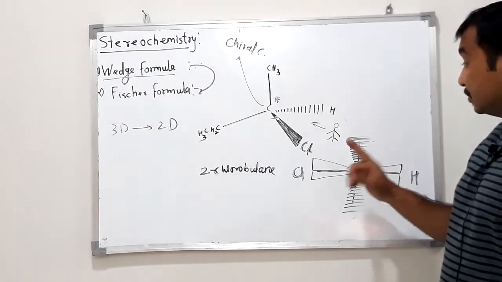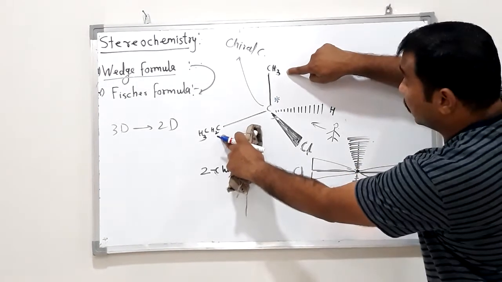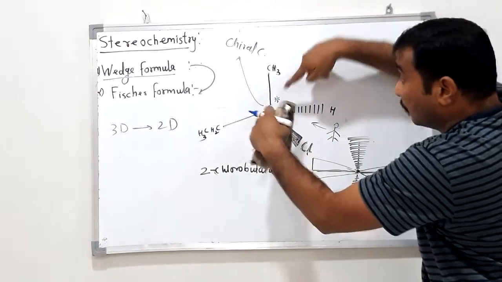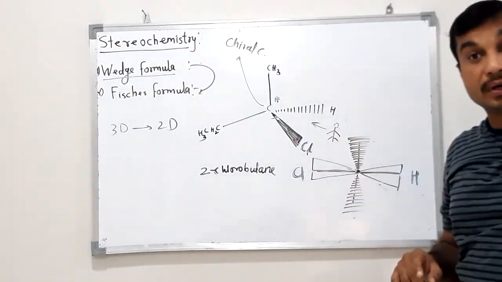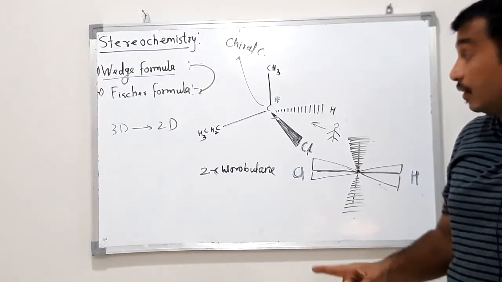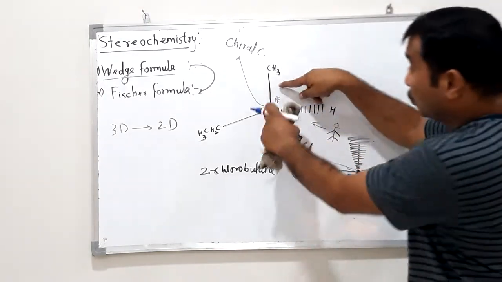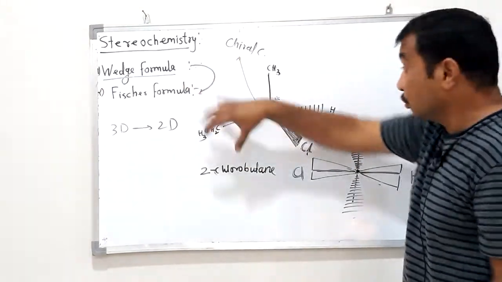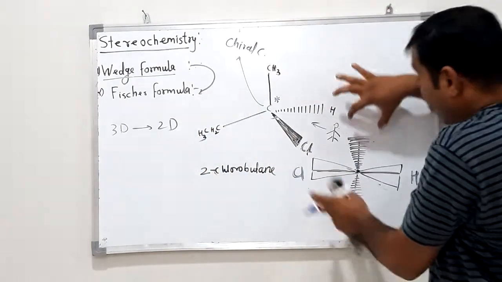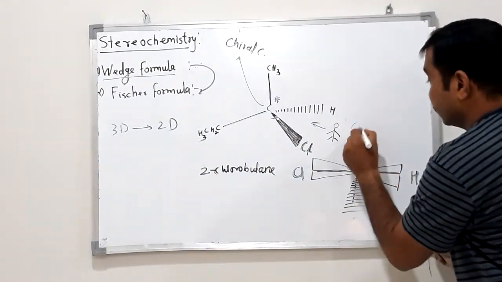At the same time, these two substituents, the methyl group and ethyl group, are moving away from the observer, below the plane. So these two we put on the vertical line.